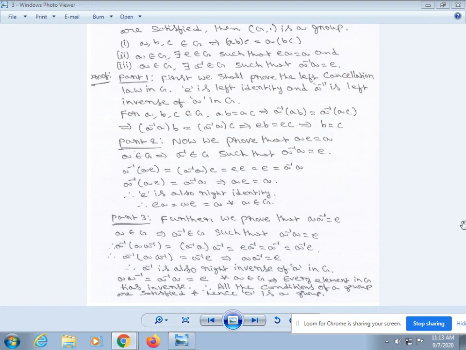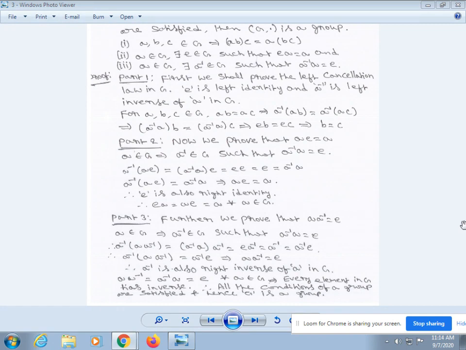Therefore, a inverse (ae) equals a inverse a. That implies ae equals a. Therefore, e is also a right identity. Therefore, ea equals ae, that is also equal to a, for all a belongs to G.